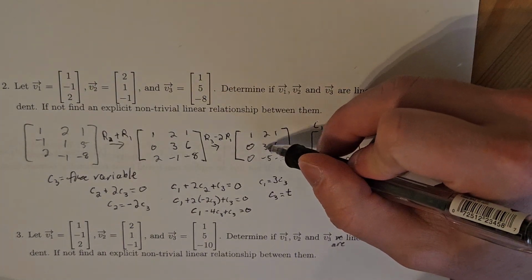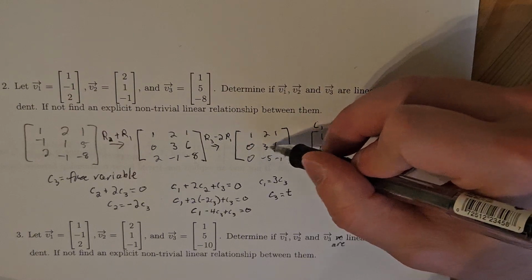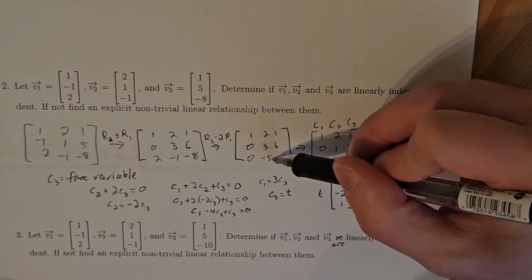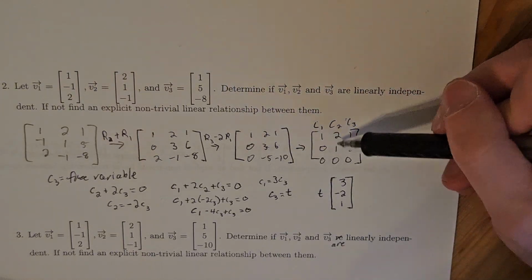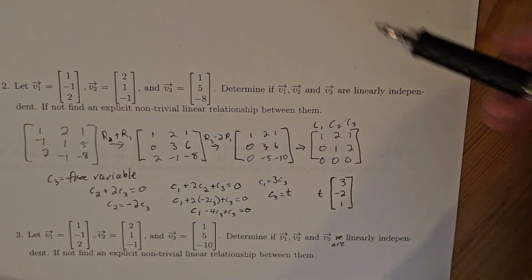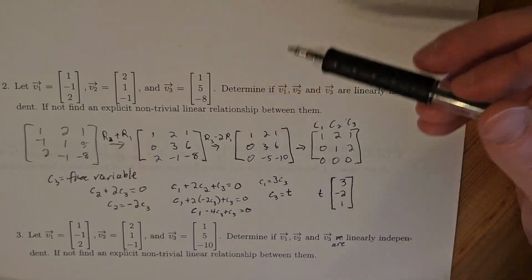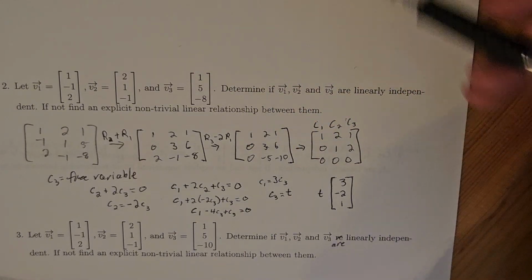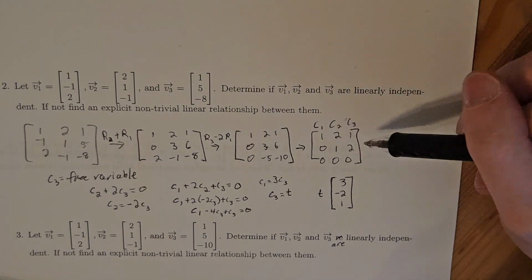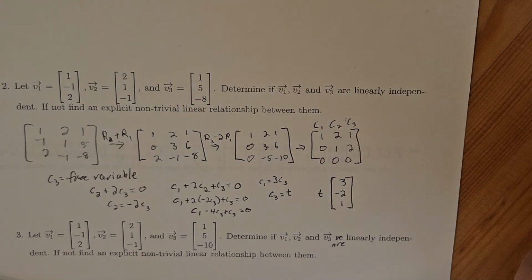From there, if we divide this row by 3, we get 1, 2. And if we divide this row by -5, we also get 1, 2. So those are going to cancel out. I did a few of those steps all at once there, but if you need to, you can always pause these videos and slow down and work the rest of that out yourself. But we see that we get this row-reduced matrix here.